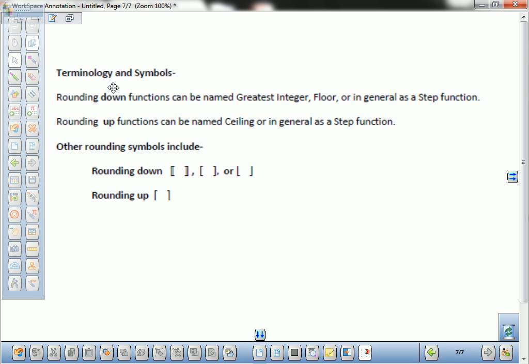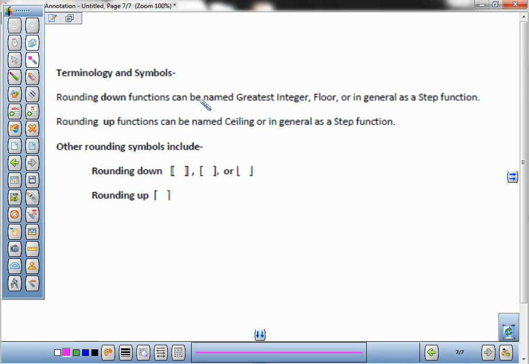Okay, so some of this is right. Rounding down can be named a greatest integer, floor, or in general as a step function. Does your worksheet say floor right there? No, it doesn't. I messed up. Please correct that. Scratch out ceiling and write floor, because that's what it is.